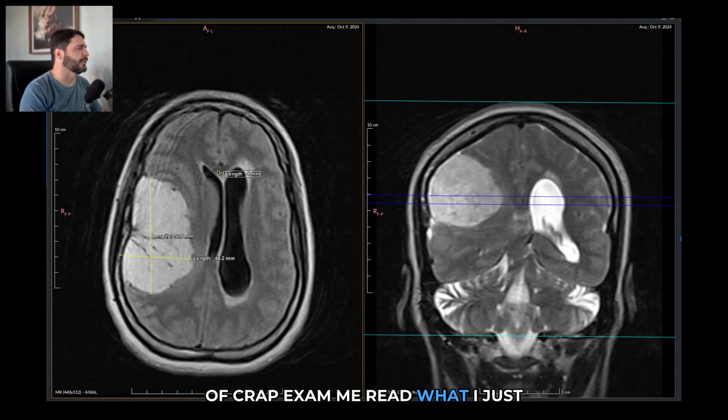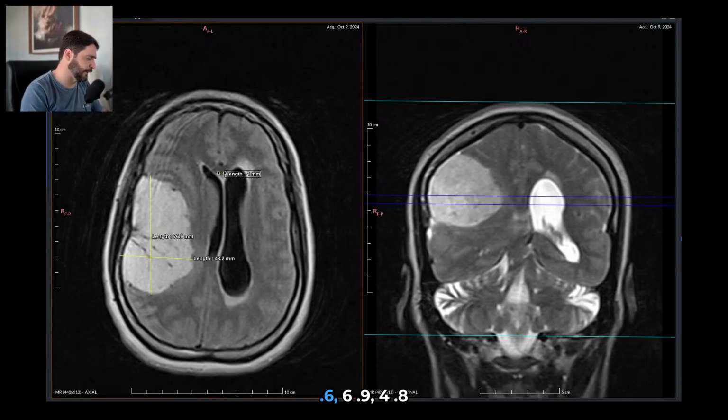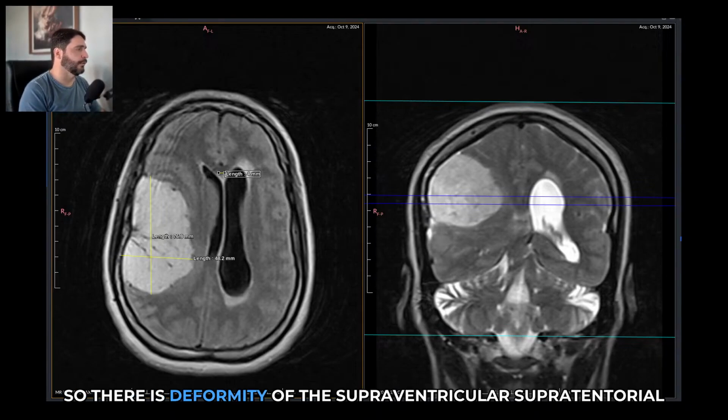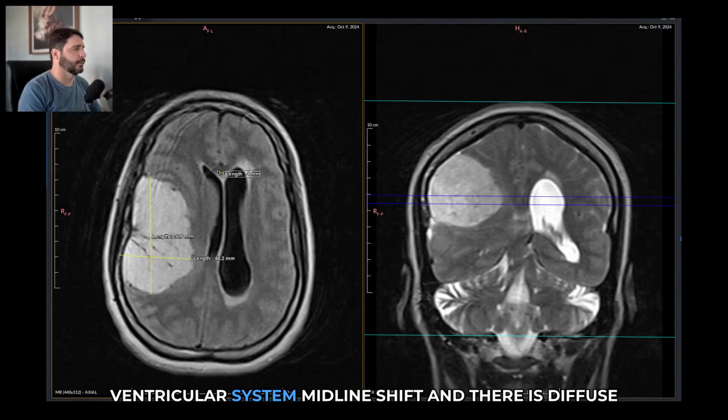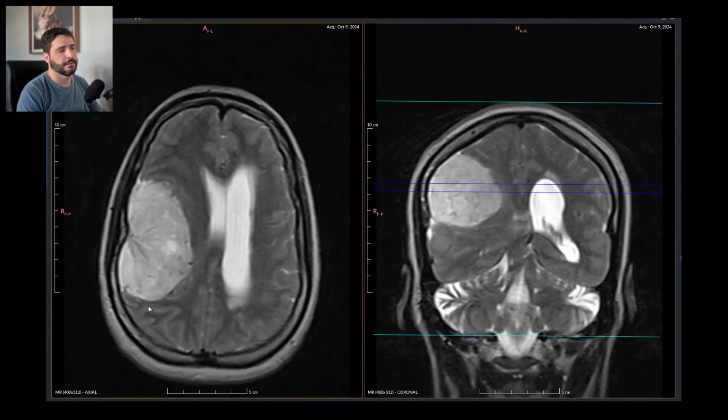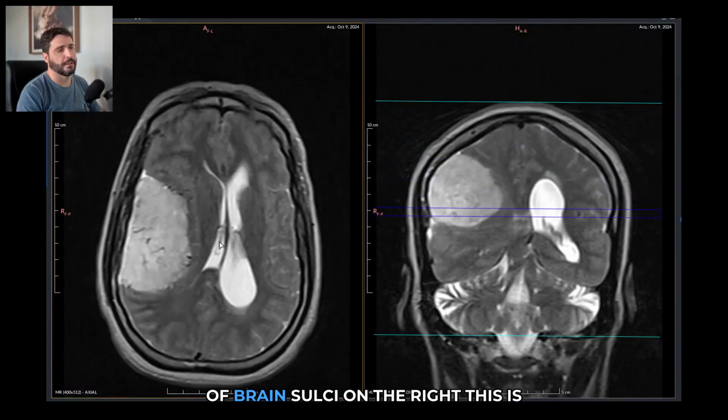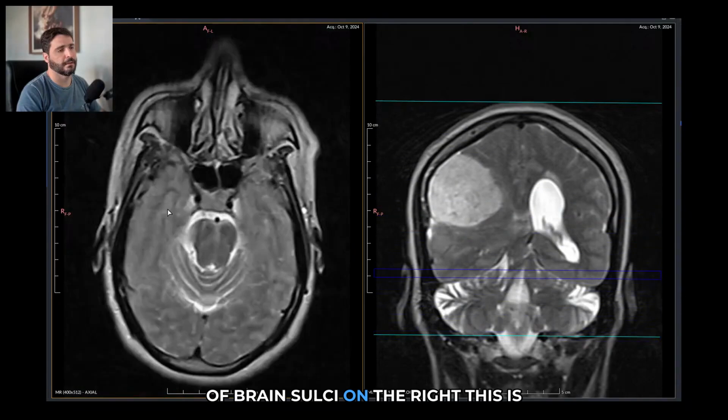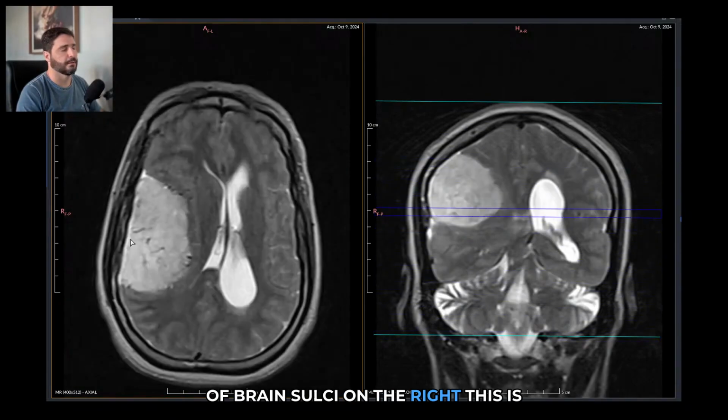Let me read what I just said. Frontoparietal temporal region, base dural, 7.6, 6.9, 4.8. So there is deformity of the supratentorial ventricular system, midline shift. There is diffuse effacement of brain sulci on the right.